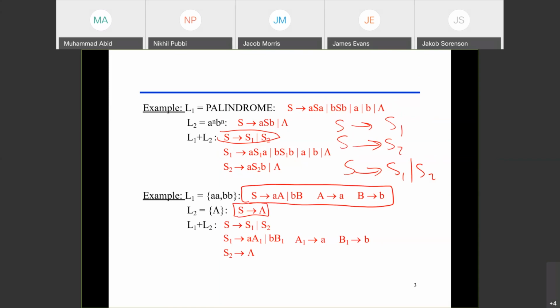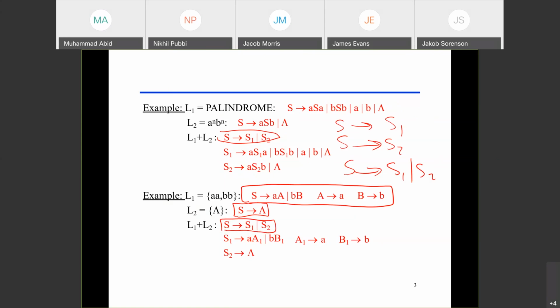So now we follow the same method. First we number our first grammar with 1: S1, A1, B1, and the second grammar with 2: S2 can be lambda. Then we introduce a new production rule: S can be replaced by either S1 or S2. And this way you perform the union operation on two context-free languages.